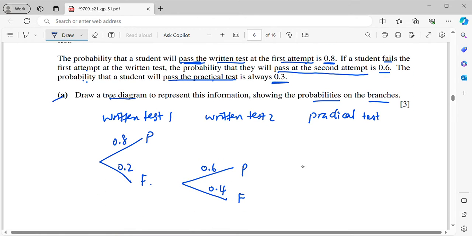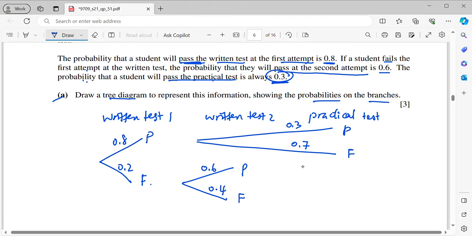If the student passed written test 1, they can proceed directly to the practical test, passing at 0.3 and failing at 0.7, because it's mentioned as always 0.3.